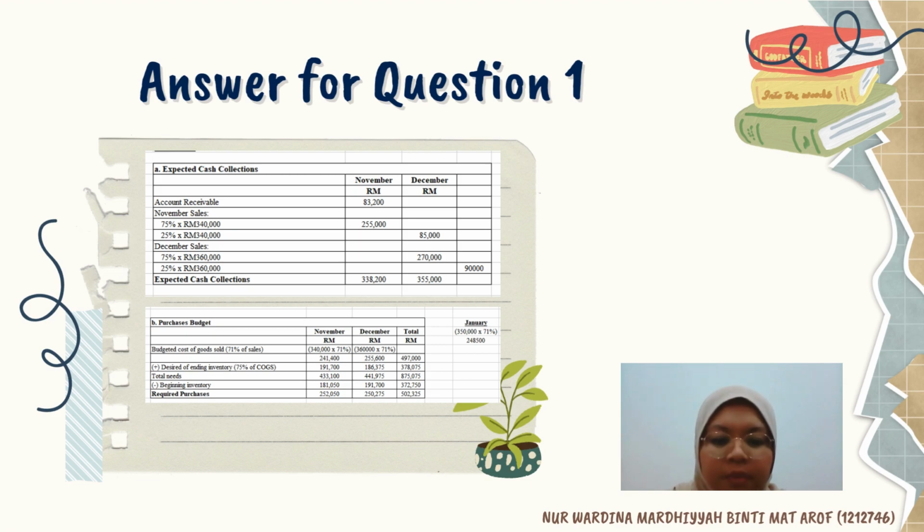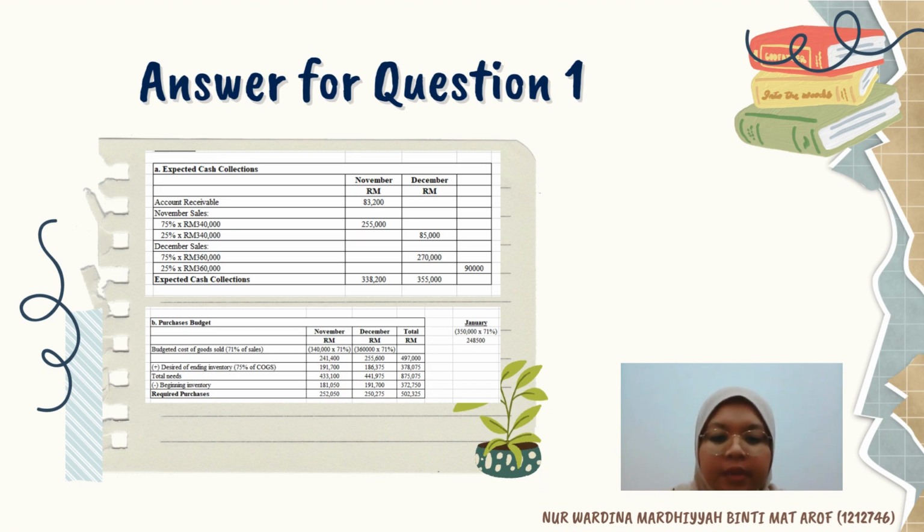The total of both is 378,075. So the total needs for November is 433,100, and total for December is 441,975. So the total of both November and December is 875,075. And then with the total needs, we need to subtract the beginning inventory.